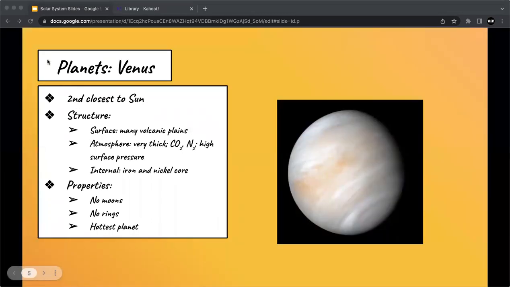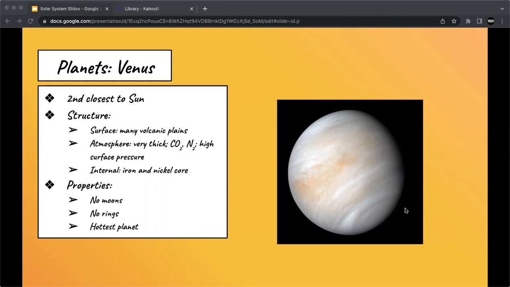Next, we have Venus. Venus is the second closest to the sun. On its surface, there's many volcanic plains. Its atmosphere is very thick. There's many greenhouse gases, and due to its thick atmosphere, there's a high surface pressure. And it has an iron and nickel core.